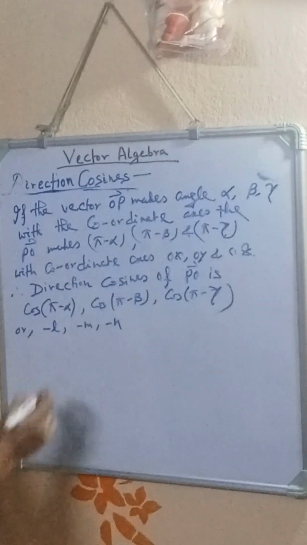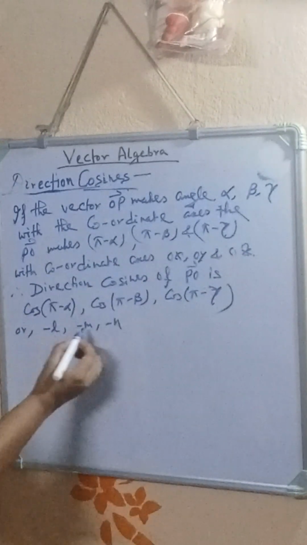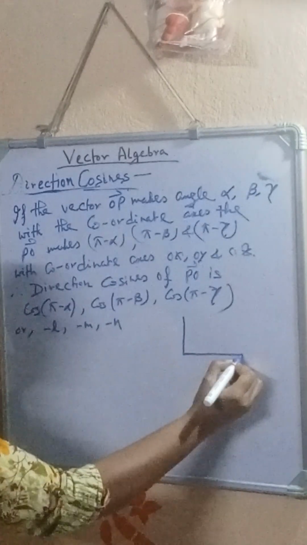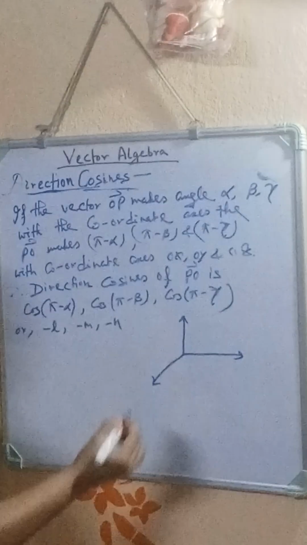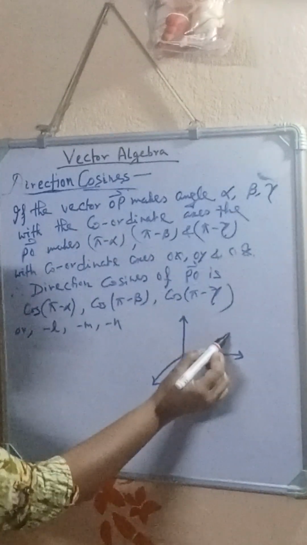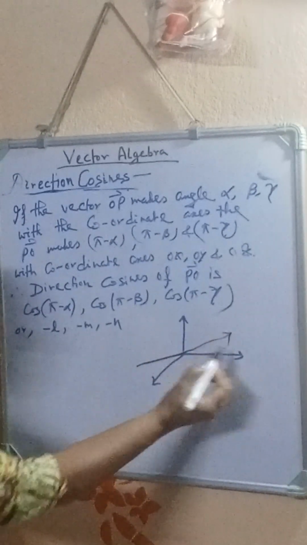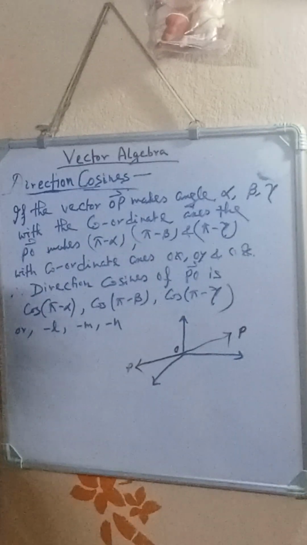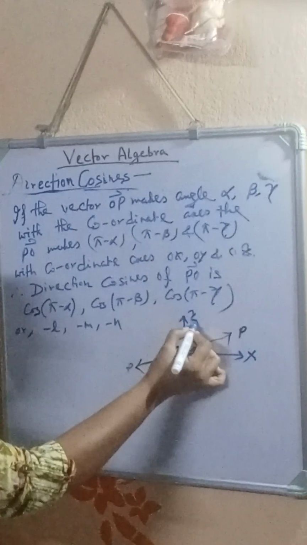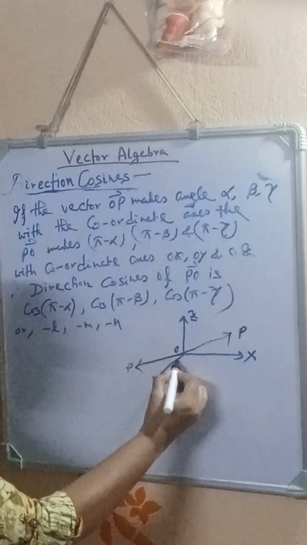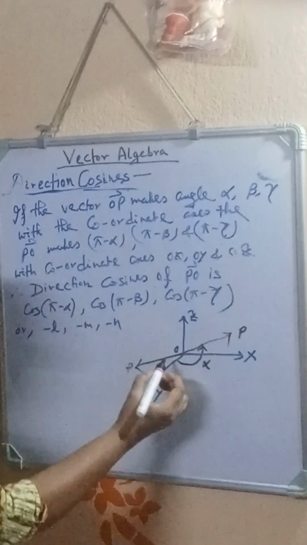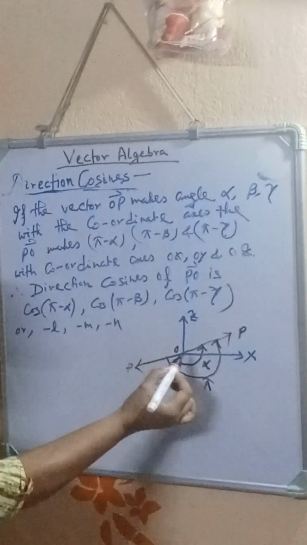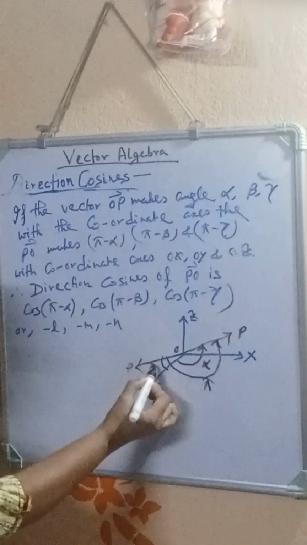Here, this is alpha, this is pi. Then the direction cosine of PO is, this is pi minus alpha.